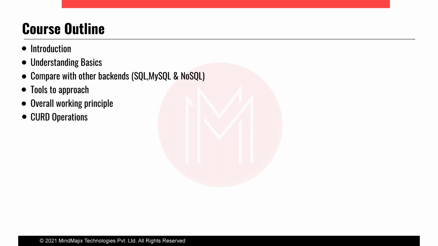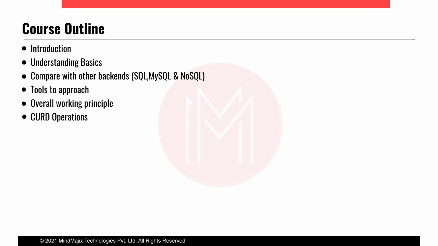Before moving to MongoDB, we will compare it with existing database technologies, such as backends, SQL, MySQL, and NoSQL, just as examples. Then the tools we will use to approach the MongoDB concepts. Then the overall working principle, the architecture overview of MongoDB. Finally, CRUD operations, which we will do in the same session.